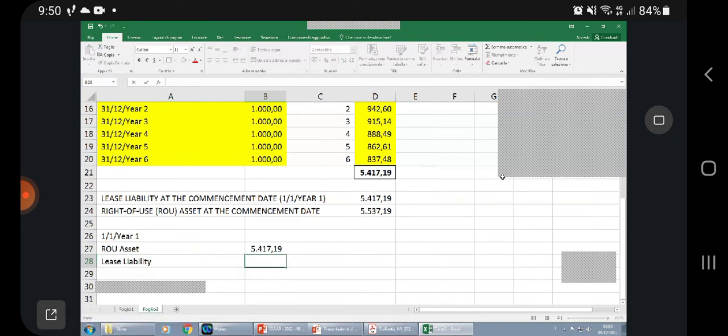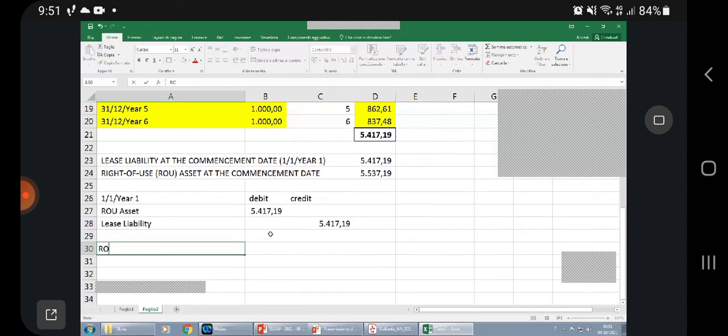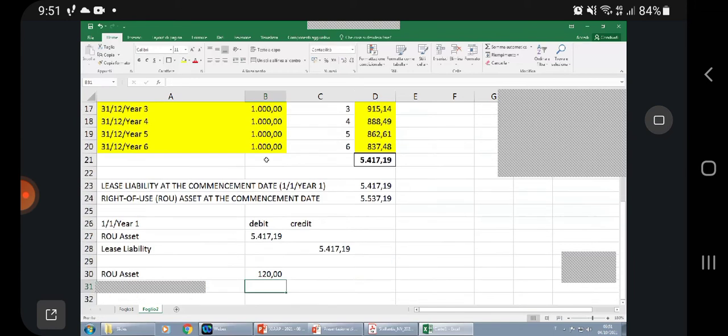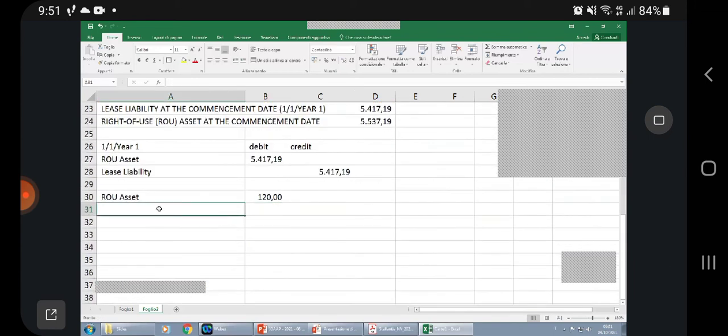Okay. So debit, credit, and then of course we need to increase the right of use asset for the upfront payment. And this is, as your colleague had just answered before, an outflow of cash. Bank account, or if you prefer cash, it is the same, 120.